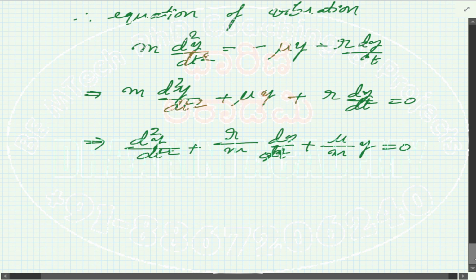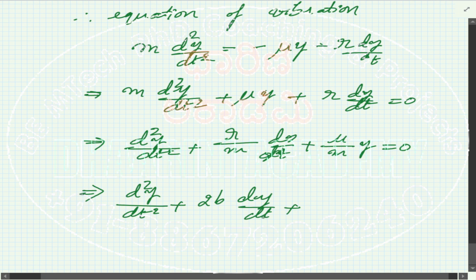So now we can write it in the following fashion. We know that mu by m is nothing but omega square. So this is d square y by dt square plus r by m, which I'm going to call 2b, times dy by dt, plus mu by m, which we have already assumed to be omega square, times y itself.